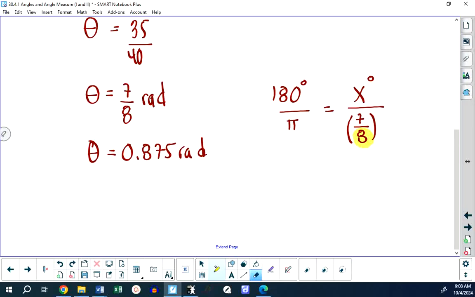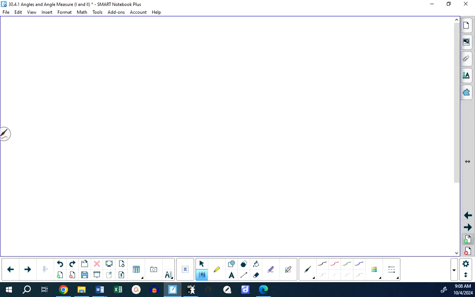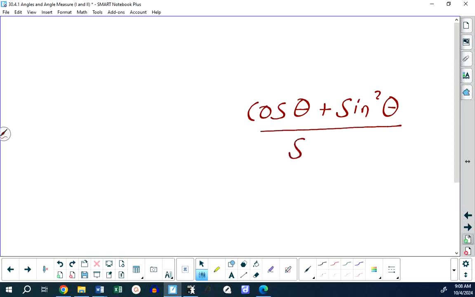How do we get rid of that 8? We simply say to ourselves, I can multiply the top and the bottom of this fraction by 8. This is what we want to do when we see complex fractions. And if you can't handle this, and I'm not saying this to scare you, I'm saying it to motivate you, then when we get something like this, which we will, you will not know what to do with it.